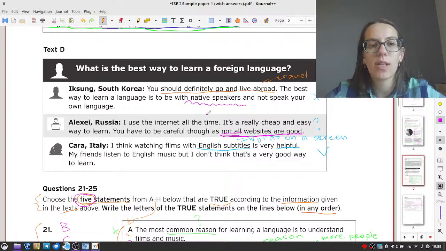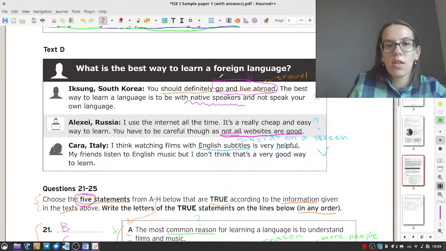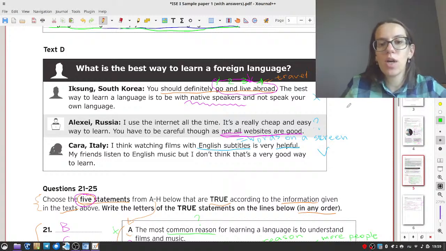Well, before you can practice with native speakers, according to Ik-sung, you should definitely go and live abroad. You should go and live abroad. But notice that go and live abroad, this phrase has 1, 2, 3, 4 words. Can we use 4 words?